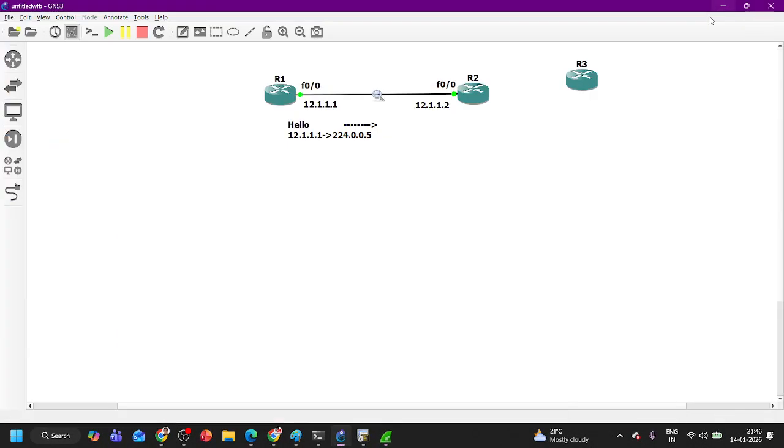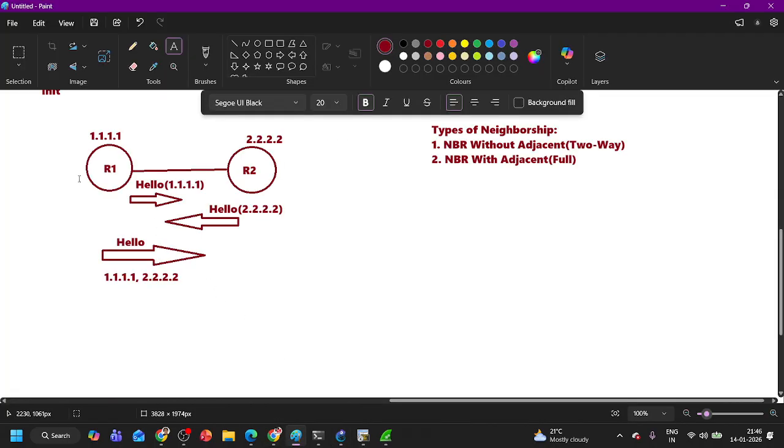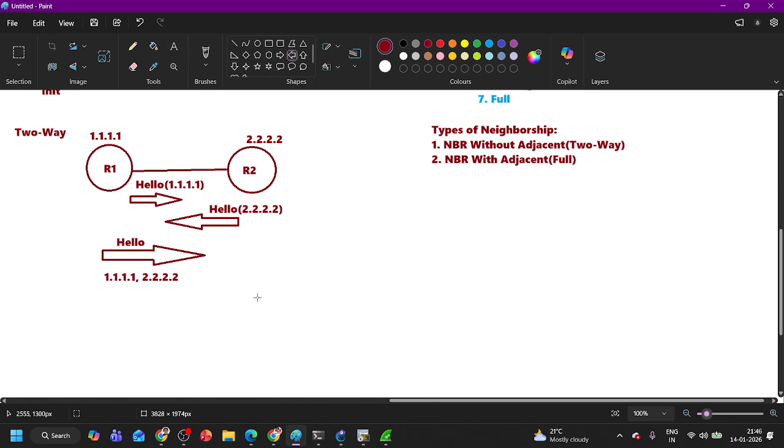But in the first hello message, there will be no neighbor information because router 1 doesn't know who router 2 or 2.2.2.2 is. So in two-way state, the router checks bidirectional connectivity. Means the router finds its own router ID in the active neighbor field.